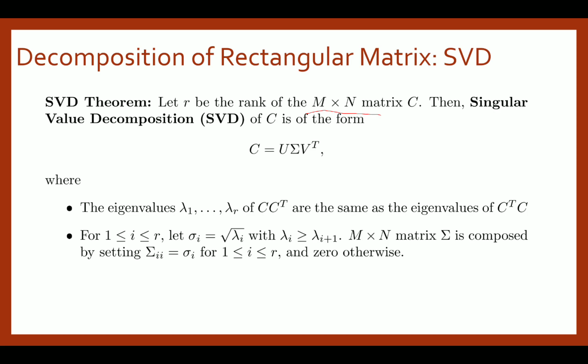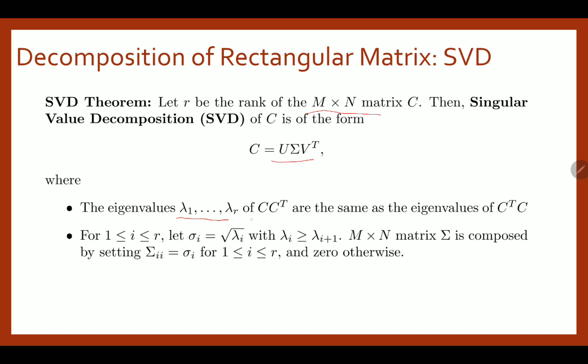The singular value decomposition of C is of the form U sigma V transpose, where the sigma entries are obtained from the eigenvalues lambda 1 to lambda r, as r is the rank of this matrix, so we have r eigenvalues.